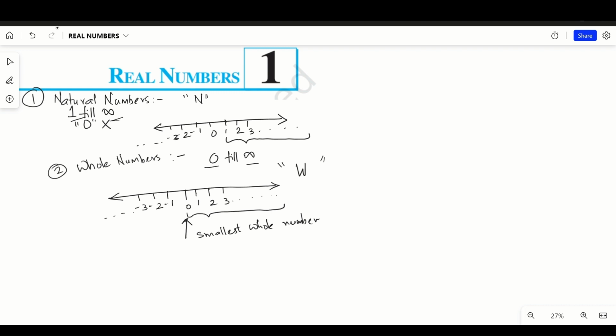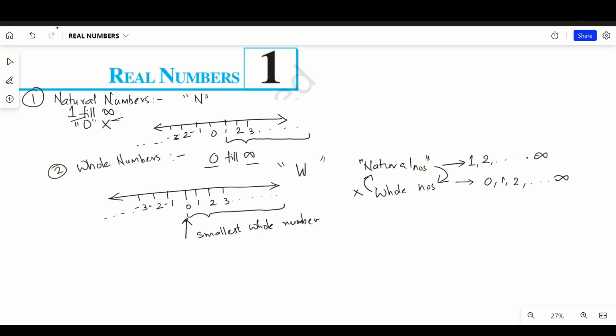We can quote, natural numbers are whole numbers, while whole numbers are not natural numbers. Natural numbers are whole numbers, but whole numbers are not natural numbers, because natural numbers consist of all positive integers starting from 1 till infinity, and whole numbers consist of all positive integers starting from 0 till infinity.